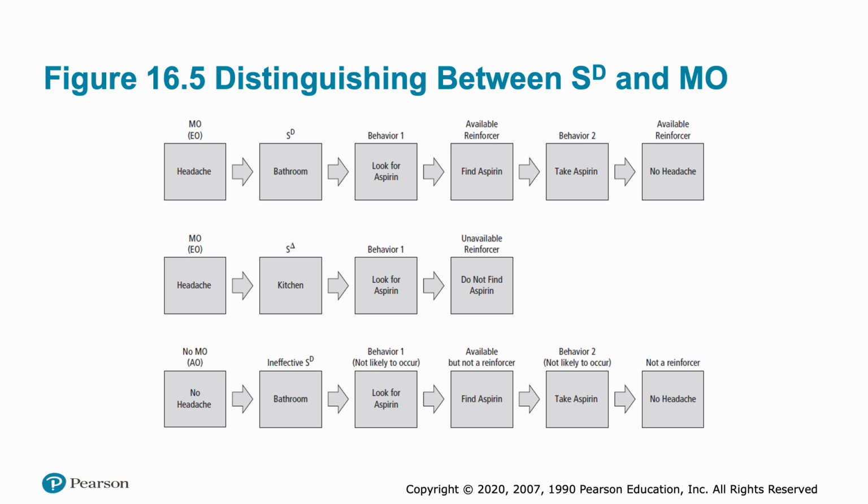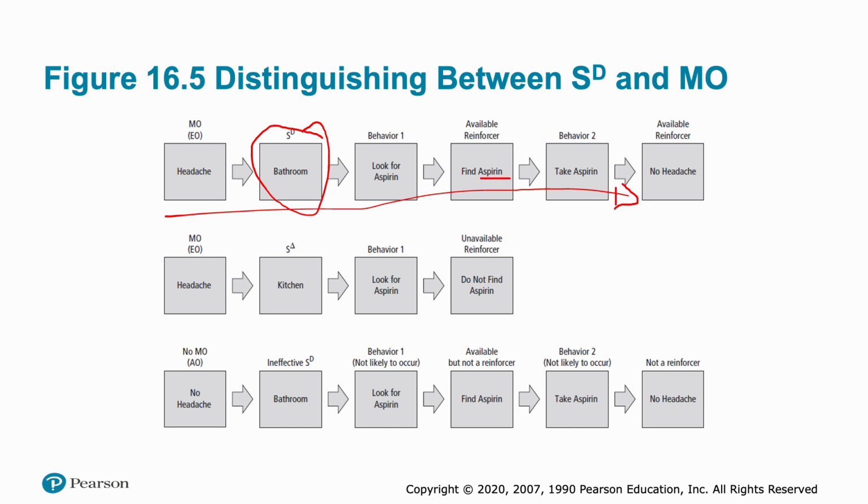If this occurs enough times, that bathroom is going to become an SD for in the future looking for aspirin when you have a headache. In this case, this is like the whole contingency played out here. Let's imagine it's already played out a few times, and so now the bathroom has already become an SD, which signals the availability of a reinforcer, which in this particular case, the reinforcer is the aspirin.